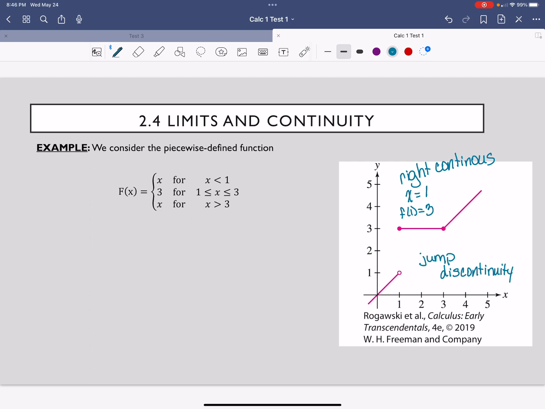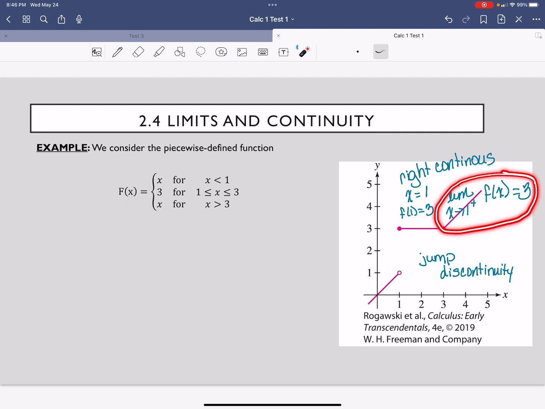Okay. And if we were looking at the limit as x approaches 1 from the right of f of x, then we would also get 3. And because f of 1 equals 3, and the limit as x approaches 1 from the right of f of x also equals 3, that is why this is right continuous.